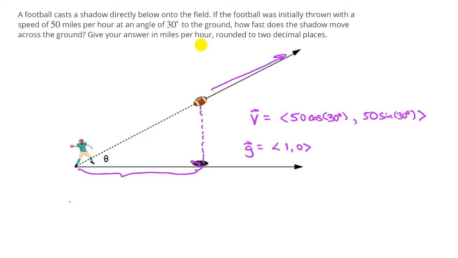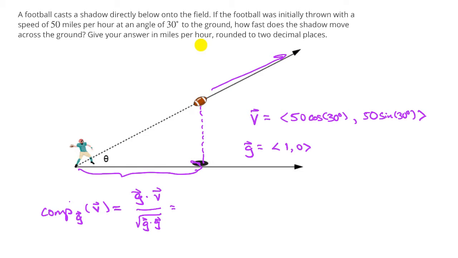If we're looking for that scalar component, then the component in the direction of the ground for our velocity vector v is g dot v divided by the square root of g dot g.